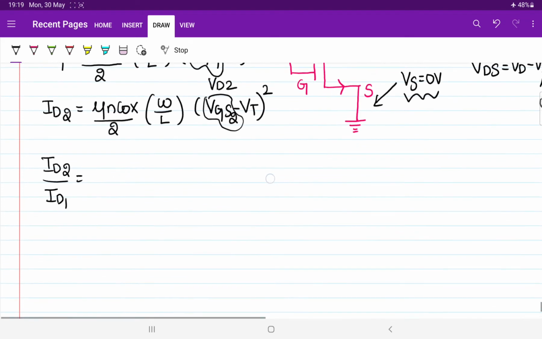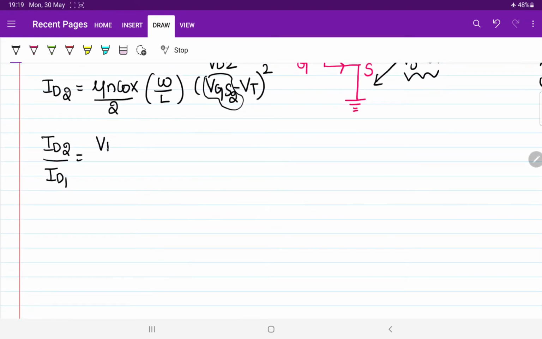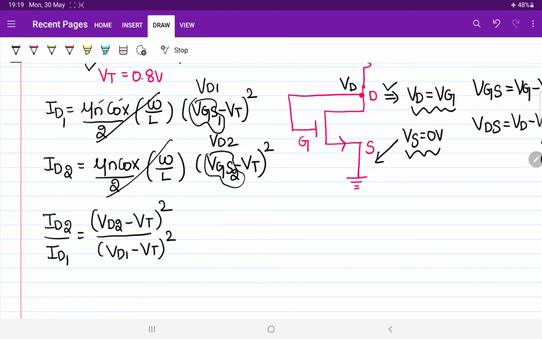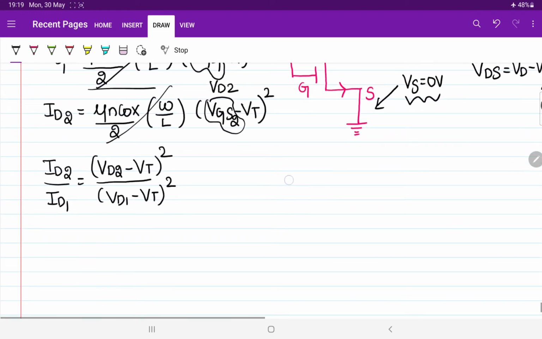So the only thing that will remain here is (VD2 minus Vt) whole power 2 upon (VD1 minus Vt) whole power 2. Only these will exist. The remaining parameters all get cancelled, because these are the same; when you take the ratio, they cancel automatically.